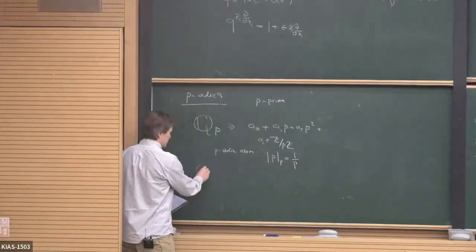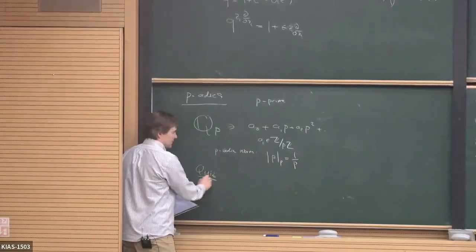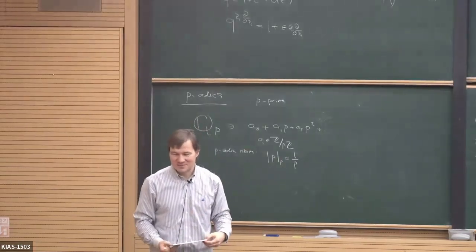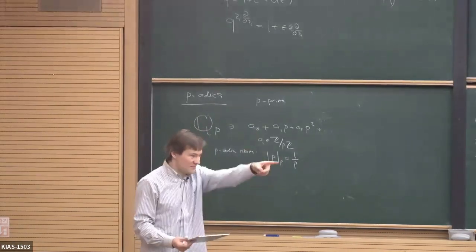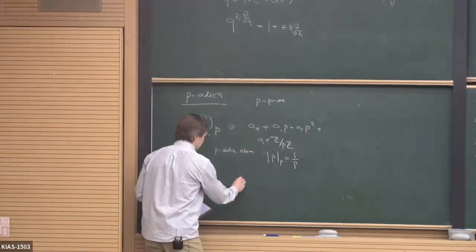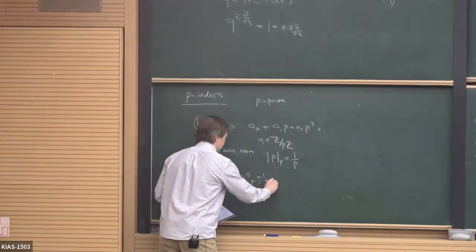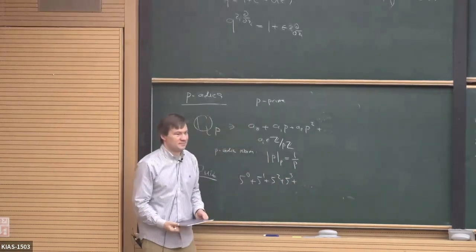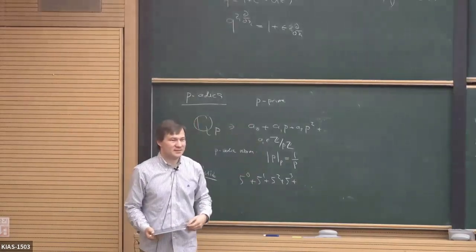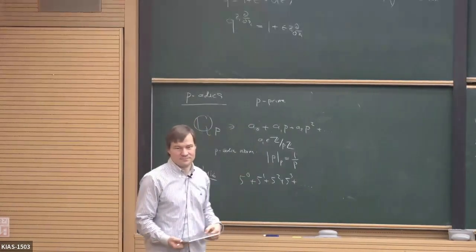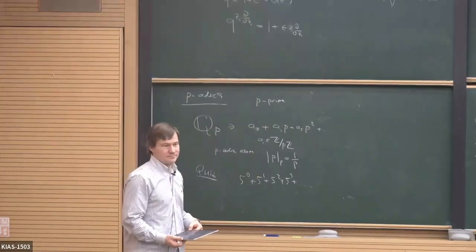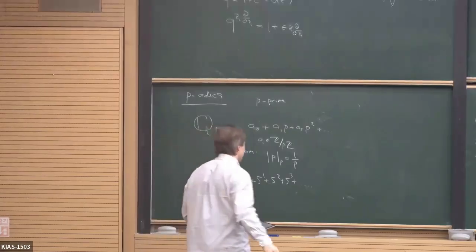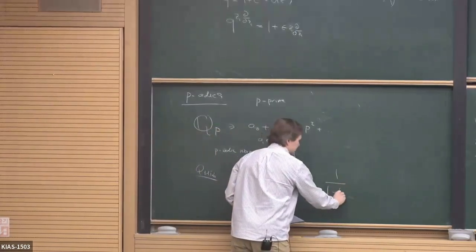Okay, let's do a pop-up quiz. What's your favorite prime number? 2 is already taken. 5, good, I like 5. So what is it equal to in Q_5? That's right, it's a geometric series.